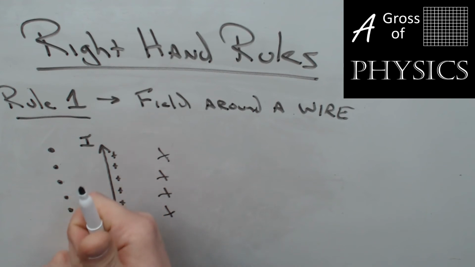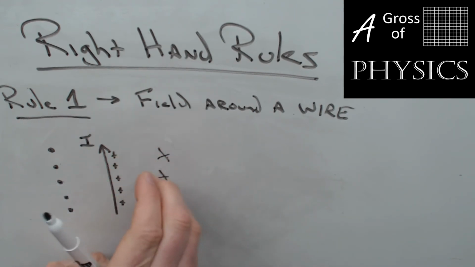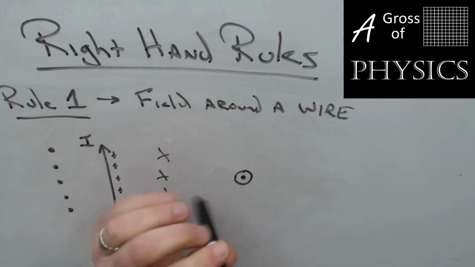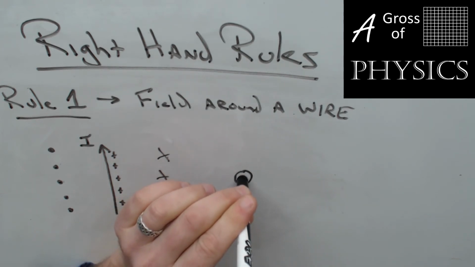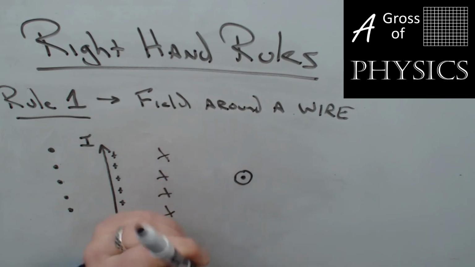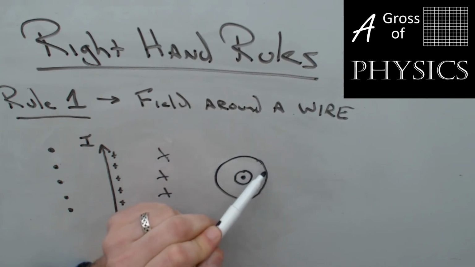I'll physically wrap my hand around the pen, in this case my marker, and that will show the direction of the field. If I were to have a wire coming out of the page, like that, there's my wire, I could represent it with my marker. I'd wrap my thumb and I'd wrap my hand around the field like this. So the magnetic field would look like this, circular.